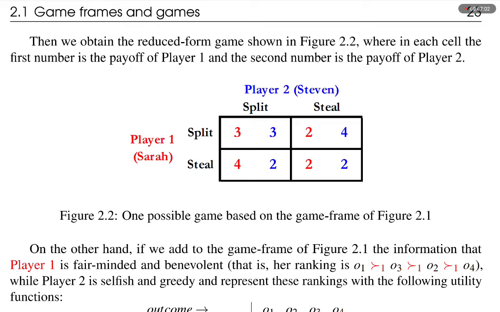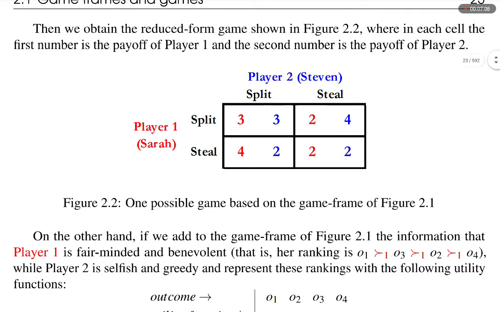The choices are split and steal. In the first quadrant, where they both vote to split, they both have an outcome of 3. In the case where Stephen steals and Sarah splits, Sarah gets 2, Stephen gets 4.